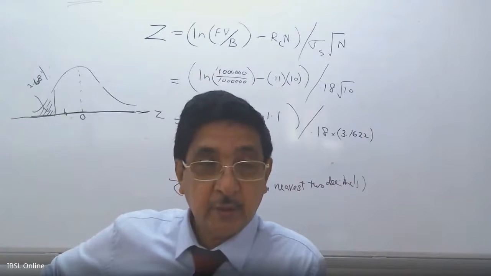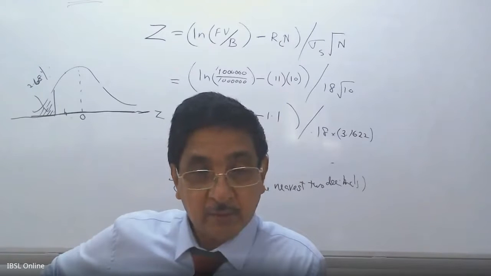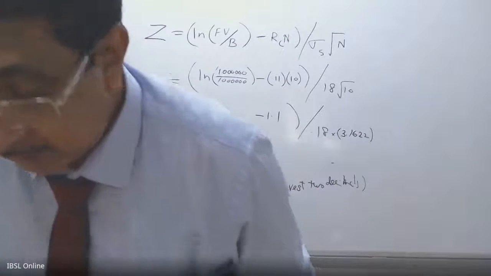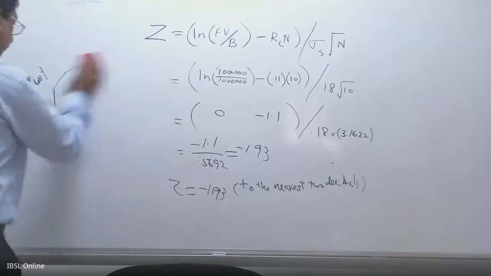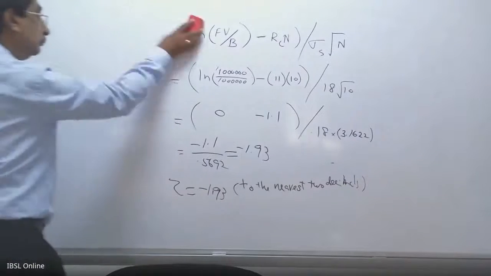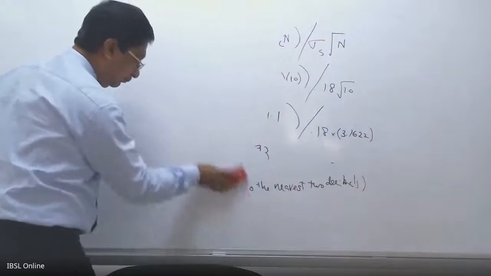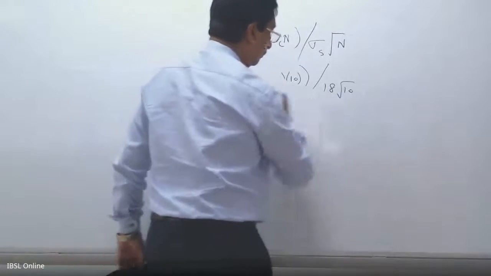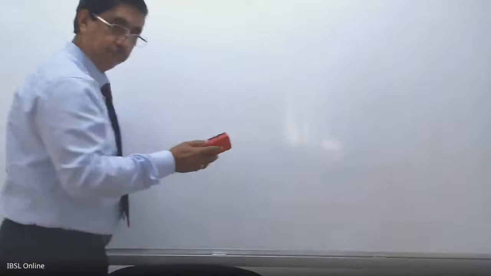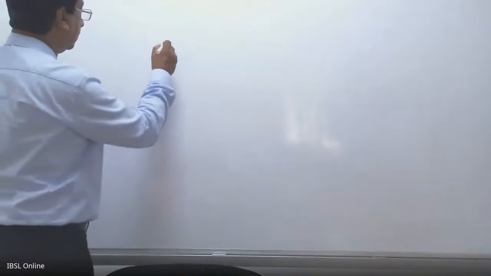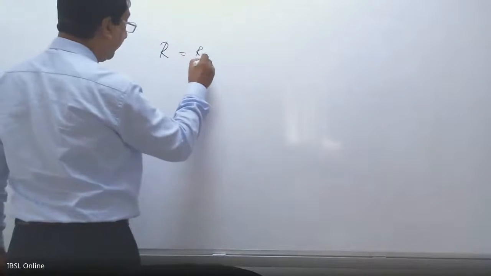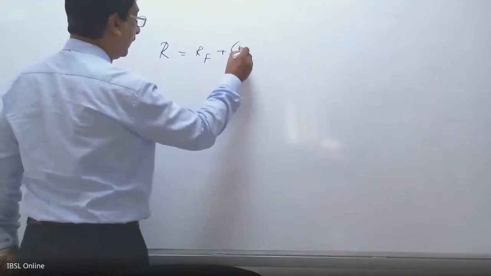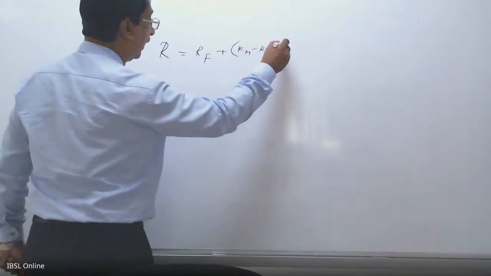Right. Now you need to apply the capital asset pricing model. I will put it on the board. R is equal to RF plus RM minus RF into beta.